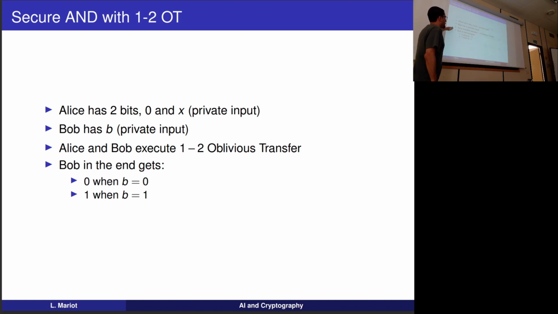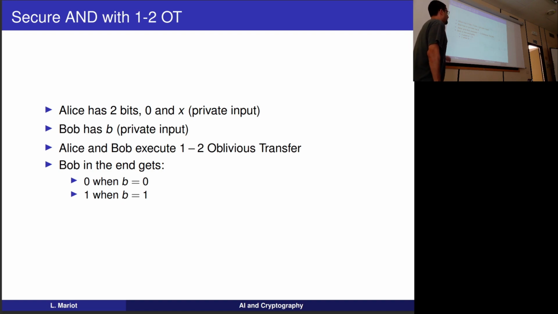Now they execute the 1 out of 2 oblivious transfer protocol that we just saw. For example, using RSA; you can use a lot of other public key encryption systems, like the ElGamal cryptosystem, but RSA is sufficient.